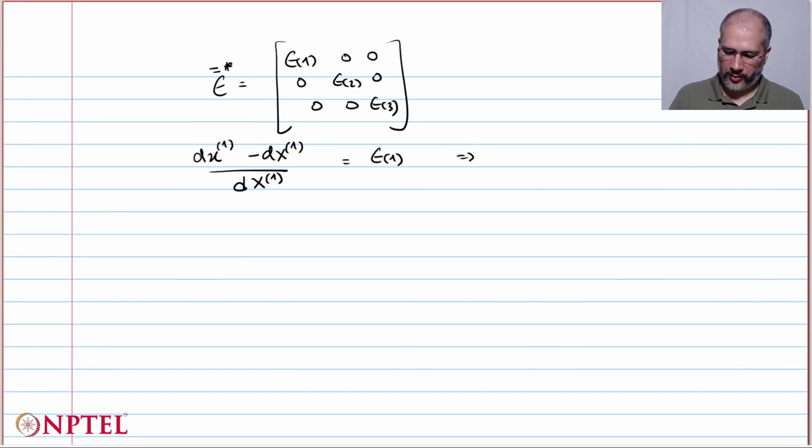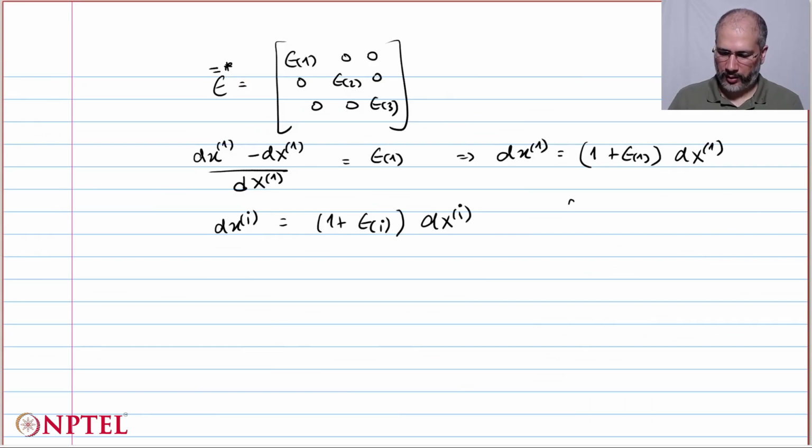And this gives us dx1 is 1 plus epsilon 1 times dX1, or in general I can write dxi is 1 plus epsilon i times dXi, where i can take values 1, 2 and 3.